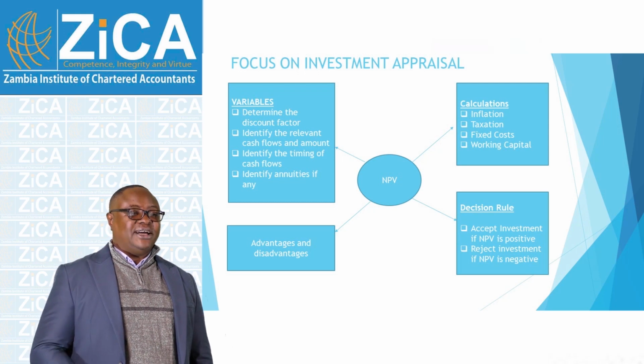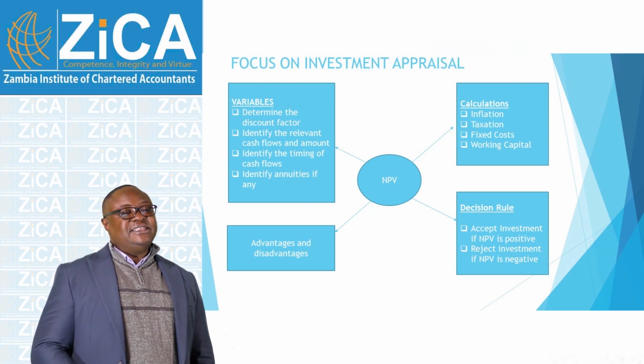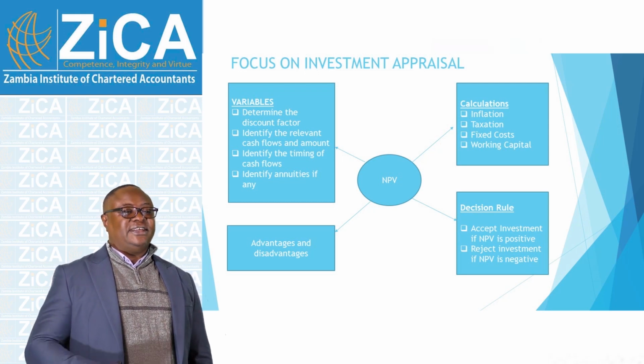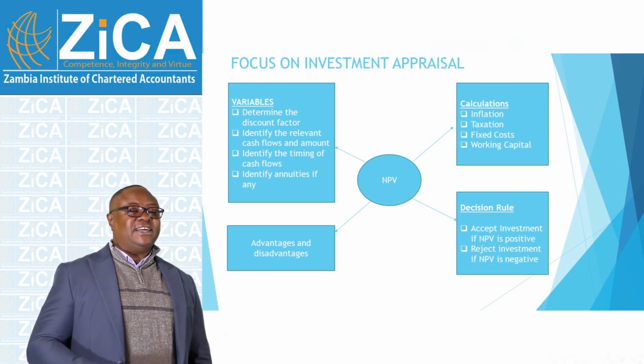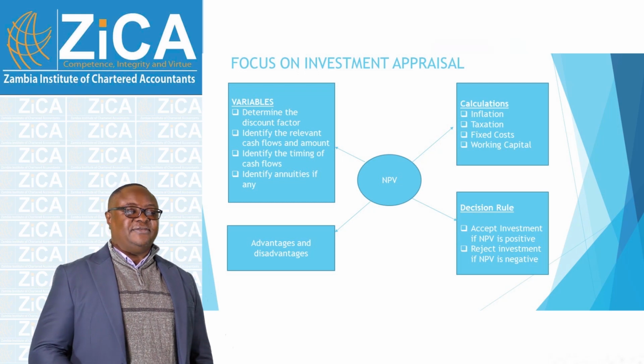You are accepting what? Why are you accepting? So there you need to state it or explain it: I'm accepting because this project gives me NPV which is positive, which means that the wealth of the shareholders is going to be increased. If it's the other way around, you'll be saying you are rejecting because the wealth of the shareholders will be decreased if we go ahead with this investment by this amount. It's important to do that.